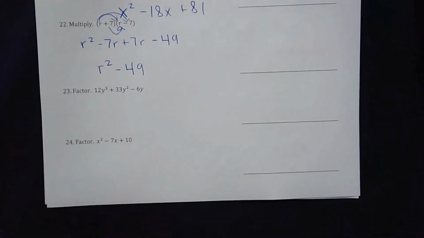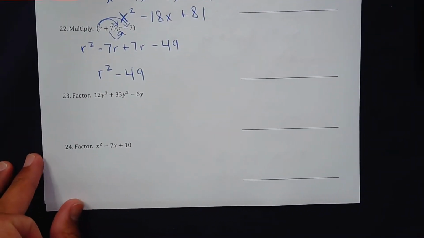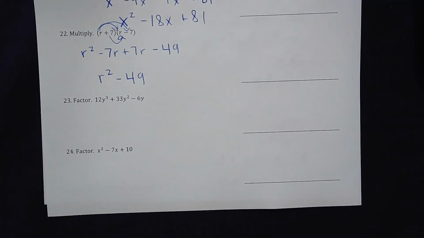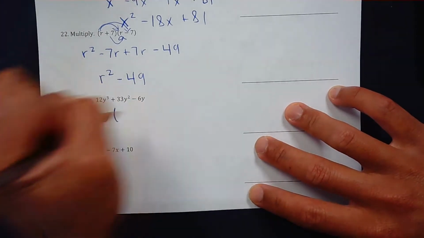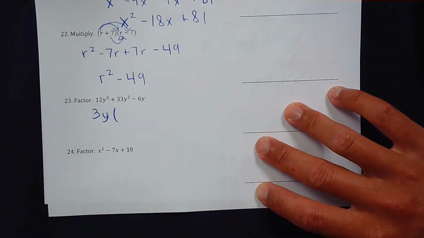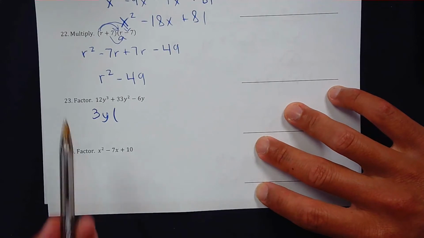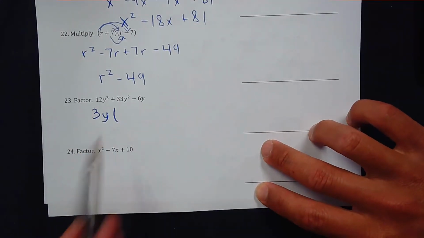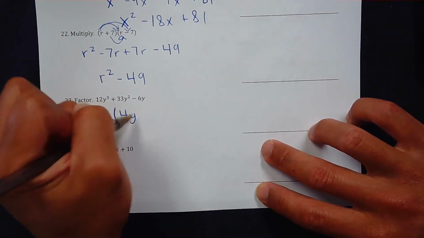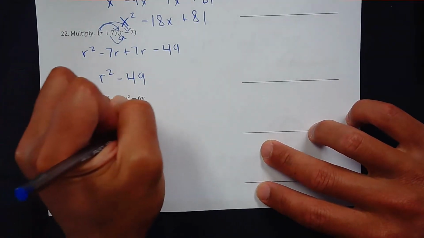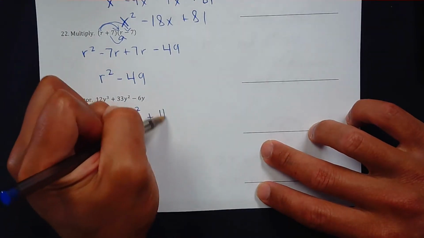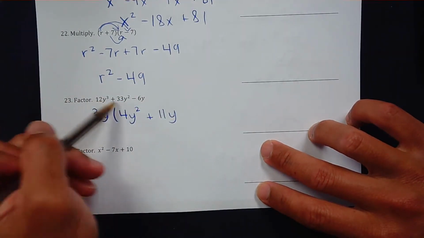Okay, factor. Remember, with factoring, we want to always factor out our greatest common factor. So our greatest common factor here is going to be 3y. And then in parentheses, we ask ourselves what we can multiply to get back to this. 3y times 4y squared gets us back to that. 3y times 11y gets us that.